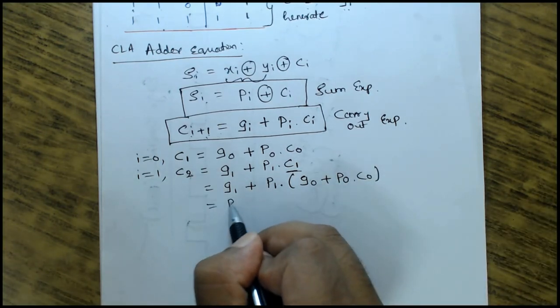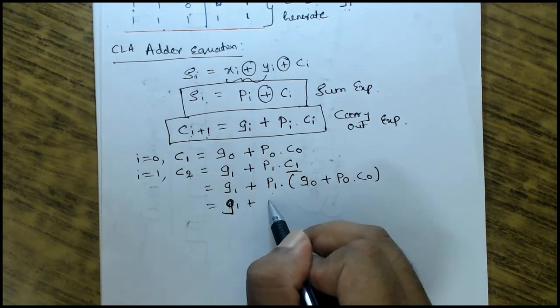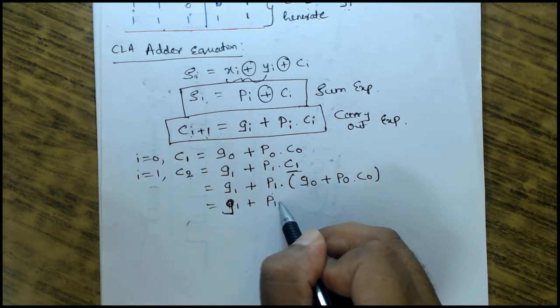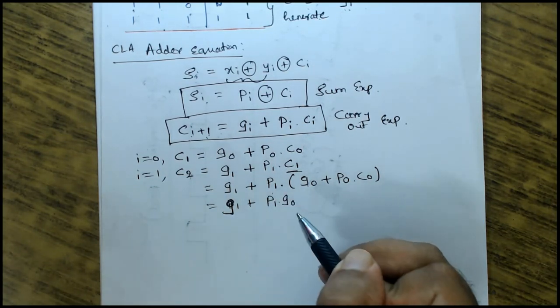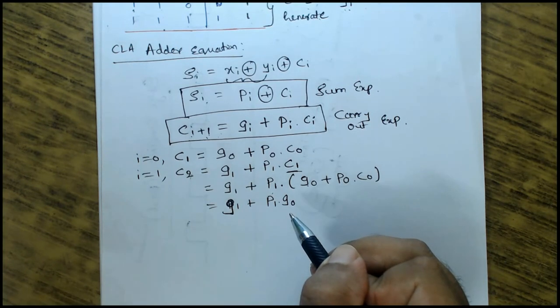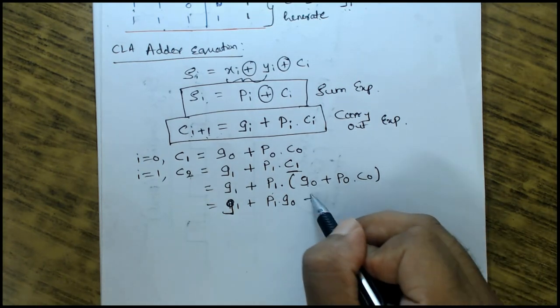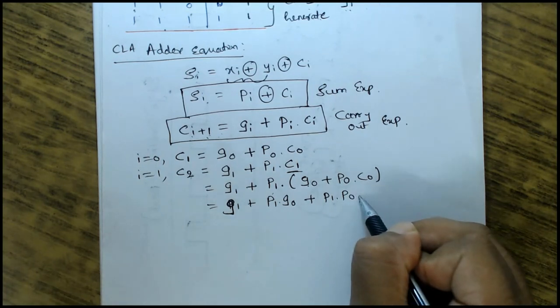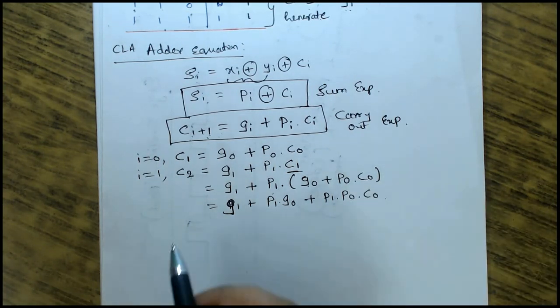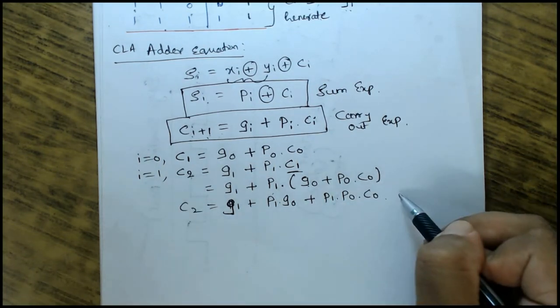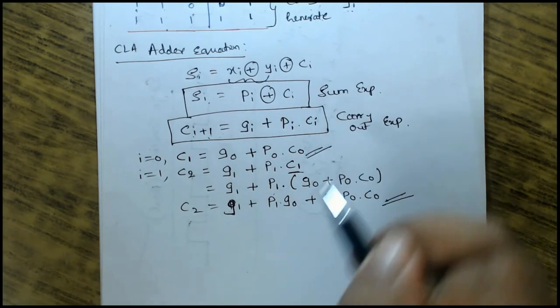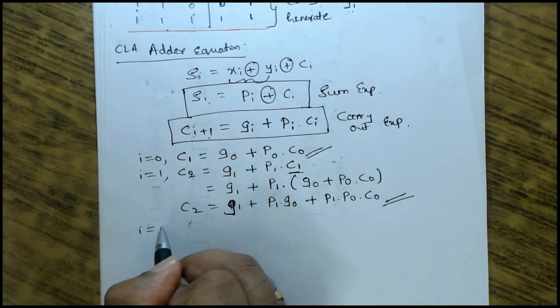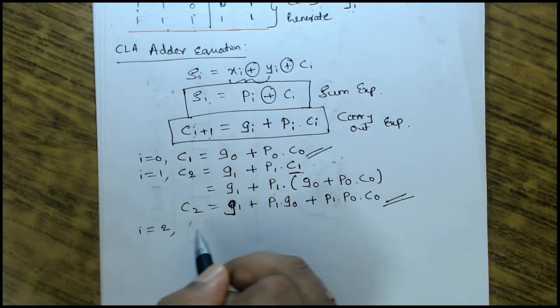So I just elaborate it. G1 plus P1 dot G0, plus P1 dot P0 dot C0. This is the expression for C2. This is C0, C1, this is C2. Now when I set i equal to 2, what do I get?